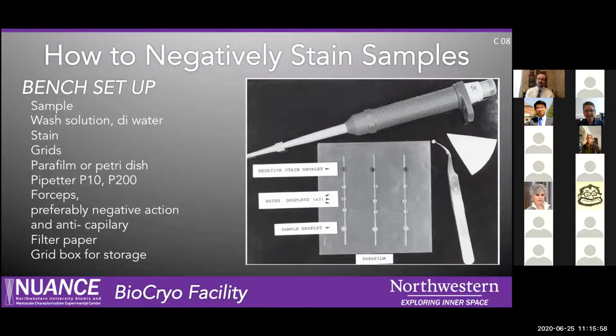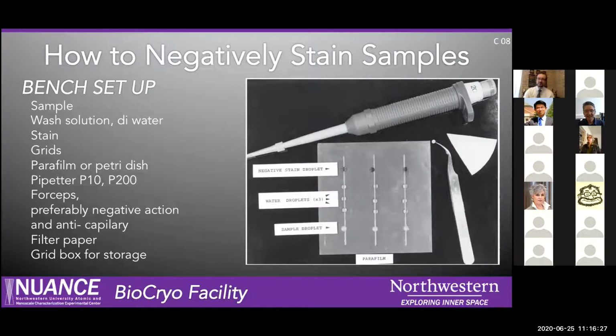For your wash solutions, I find I don't have to have a very specific drop size, but if I'm depositing sample, I may want to have more. Sometimes you could even use a disposable pipetter. You're going to want forceps, which is probably negative action and anti-capillary, but again, if you don't have it, you can still have success. Filter paper, and a grid box for storage.